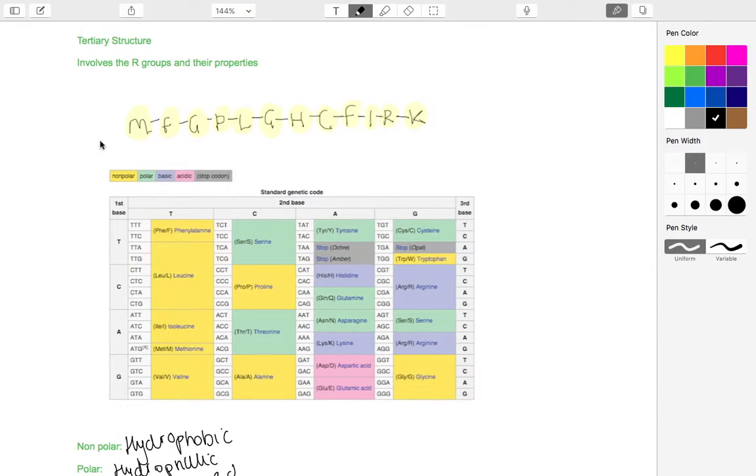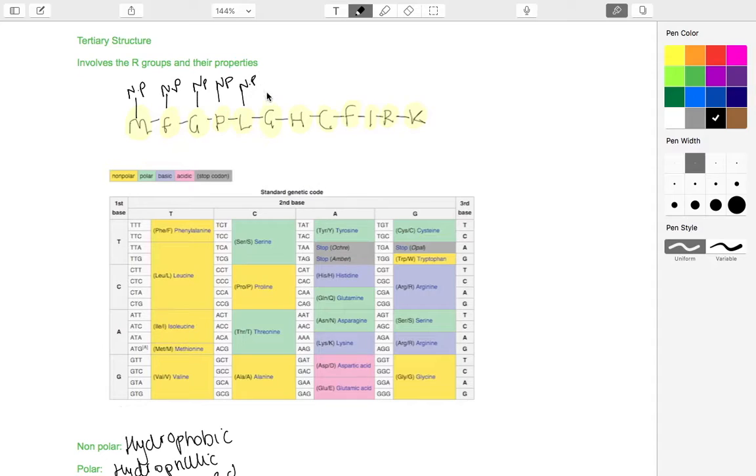Okie dokie. So here you've got your methionine, and let's assign some characteristics to it. Methionine is non-polar, so let's just write non-polar. And then we have F, which is phenylalanine, and that is also non-polar. And then we have G, which is glycine, and that one is also non-polar. They're all non-polar until we hit histidine.